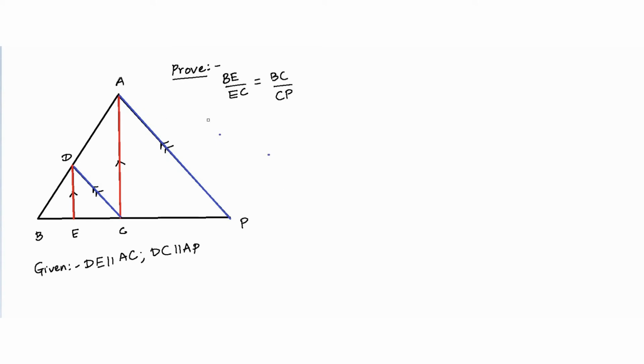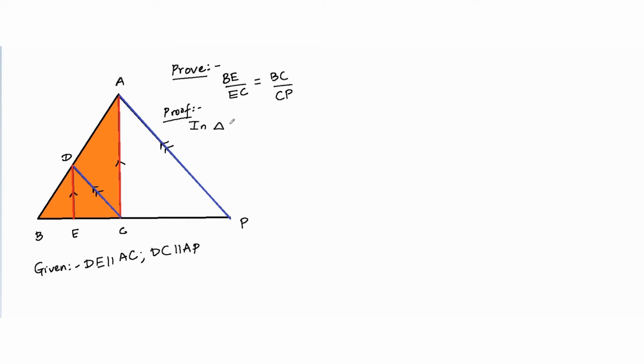Now we have to prove that BE upon EC is equal to BC upon CP. So again, let's pick some candidates for applying BPT. It looks like I can definitely apply BPT in this triangle. So let me start with the proof.